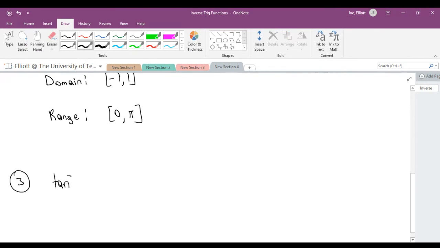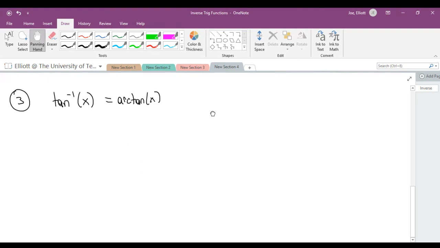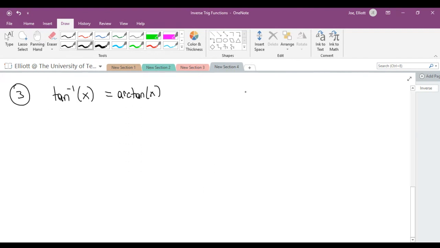Arctangent or tangent inverse. All right, so inverse tangent, just like all the other inverse trig functions, outputs an angle. Specifically for inverse tangent, the angle that it outputs is the angle for which tangent of that angle is equal to x.